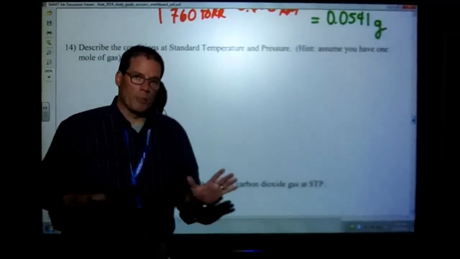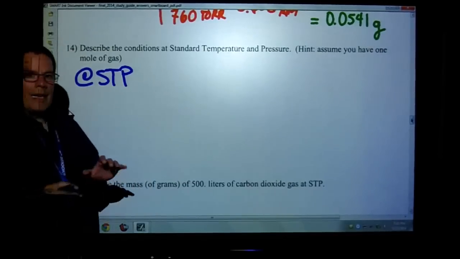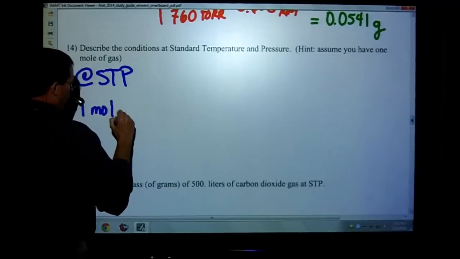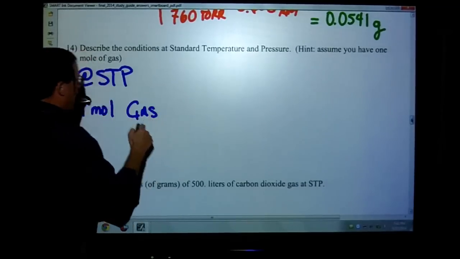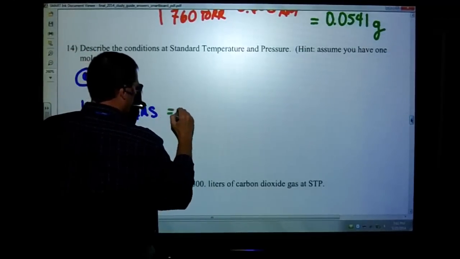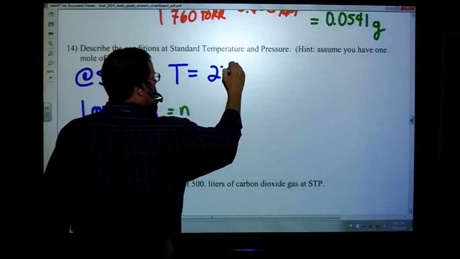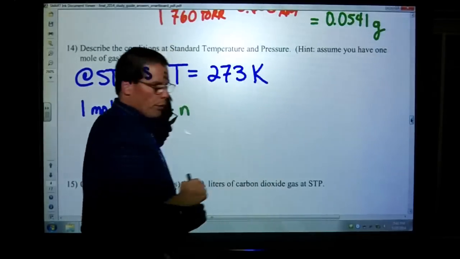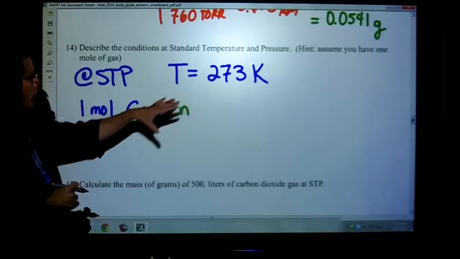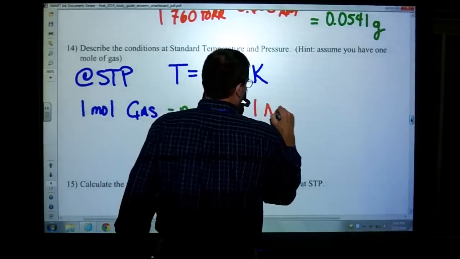Now, the nice thing about standard temperature and pressure, also known as STP, is that for any gas, it doesn't matter what kind of gas it is, if you have 1 mole of a gas at standard temperature and pressure, which means that this would be equal to my number of moles, that my temperature is at 273 Kelvin or 0 degrees Celsius, which we really don't want to have to talk about with gases. So 273 Kelvin, the pressure is at 1 atmosphere.